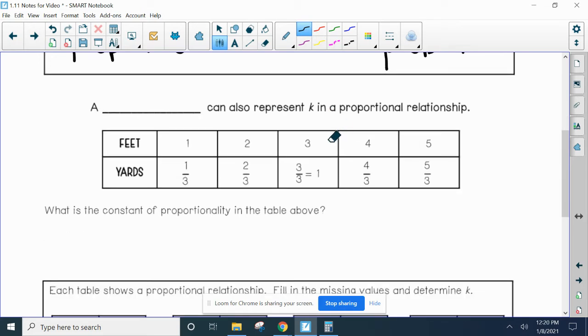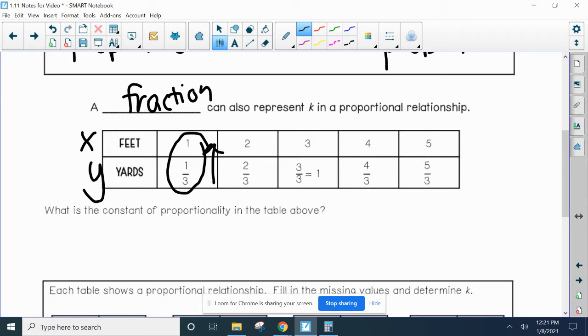All right, so a fraction can also represent that constant of proportionality in a proportional relationship. So our k, and they're telling us this is proportional, would be our y divided by our x. And 1/3 divided by 1 is 1/3. So k equals 1/3.